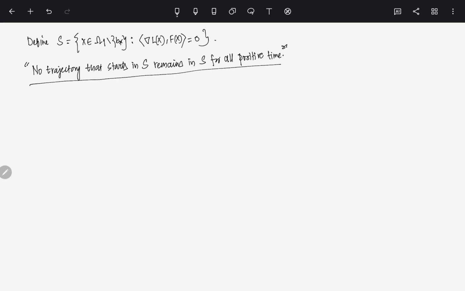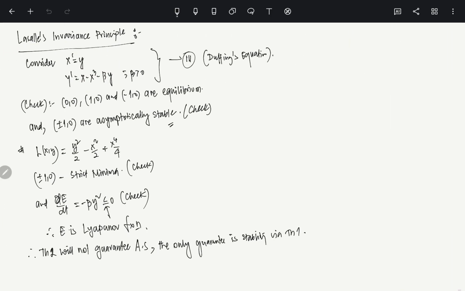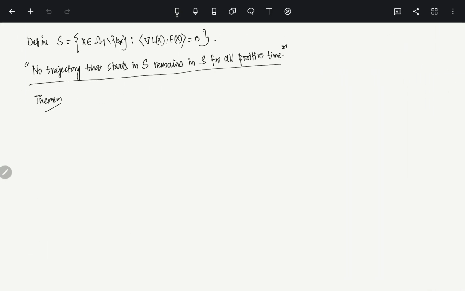Under this assumption we have this theorem, LaSalle's invariance principle. I am not going to do the proof. If you are interested, please look at the proof yourself and try to do it yourself.